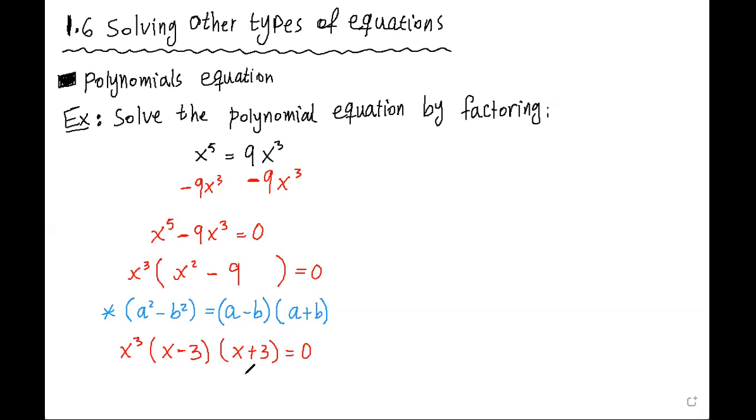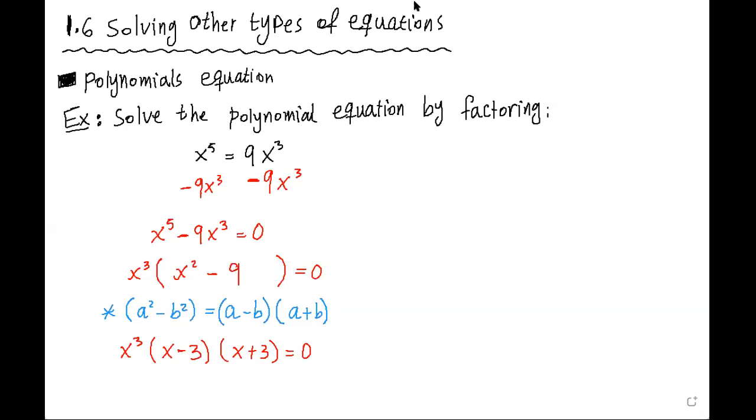Any questions so far? How do we find the factors of x squared minus 9? Okay. Now, we use the zero product property.